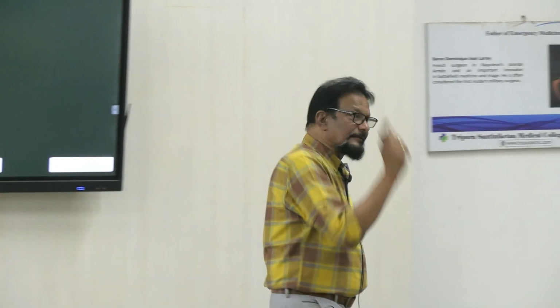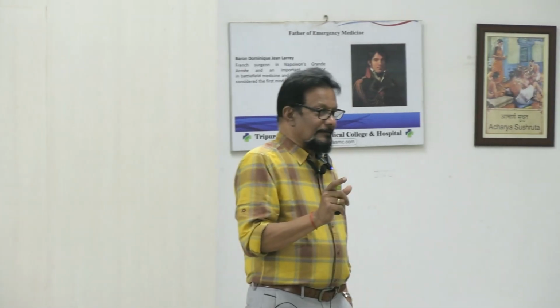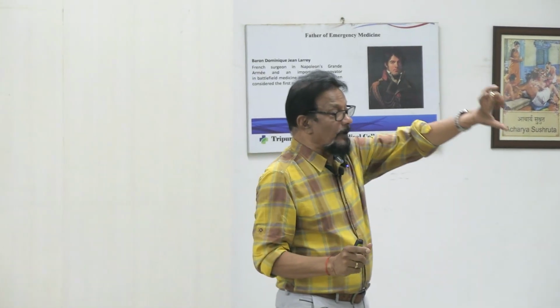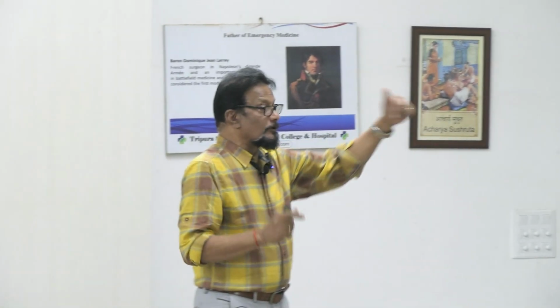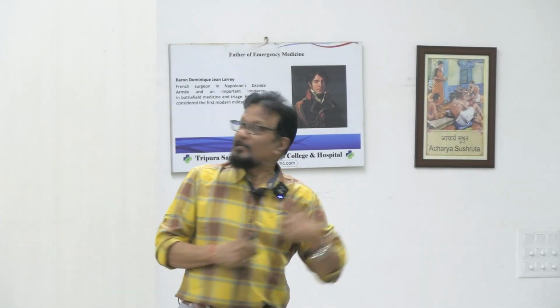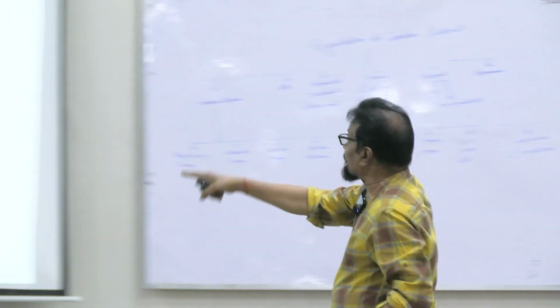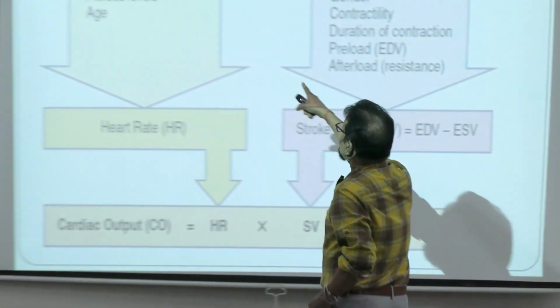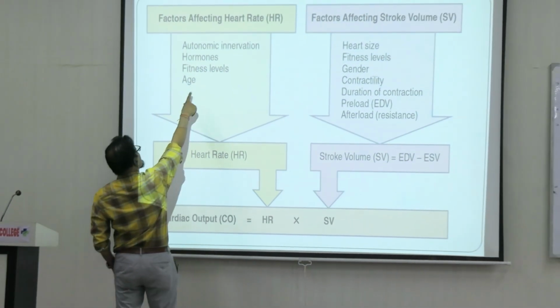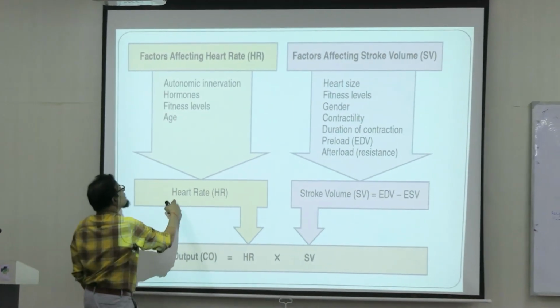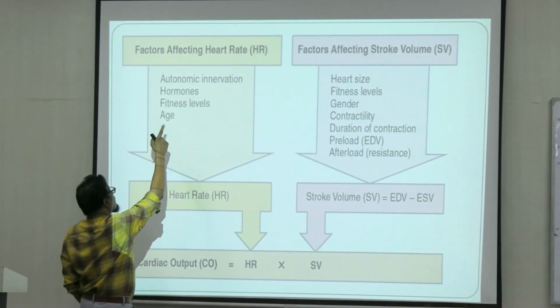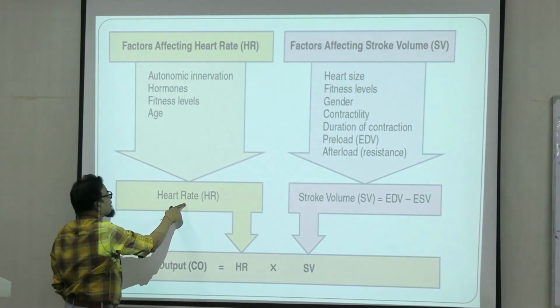The factors that affect the stroke volume will also affect cardiac output. Similarly, the factors that affect the heart rate will also affect our cardiac output. If any one of these factors is present, they can increase or decrease the heart rate.